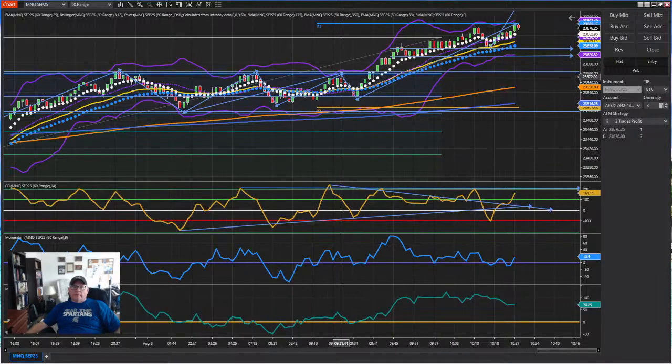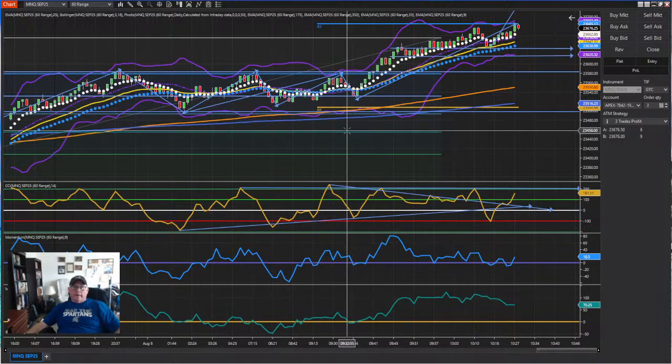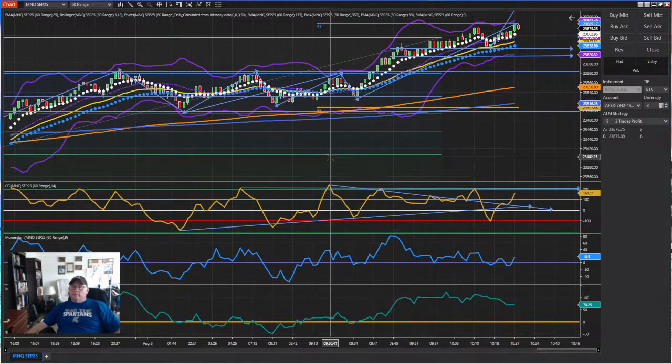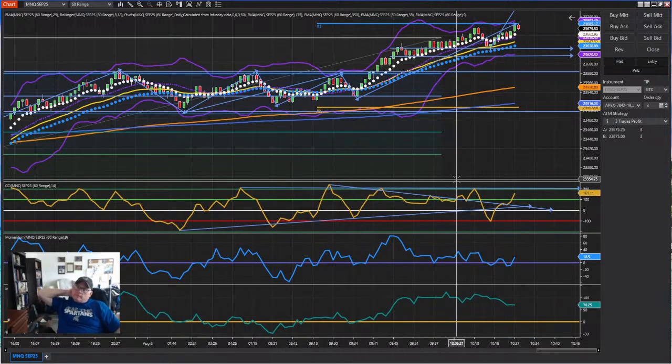So you got some people that would like to buy down here, here, at pivot. This is weaker long on the CCI, so far.